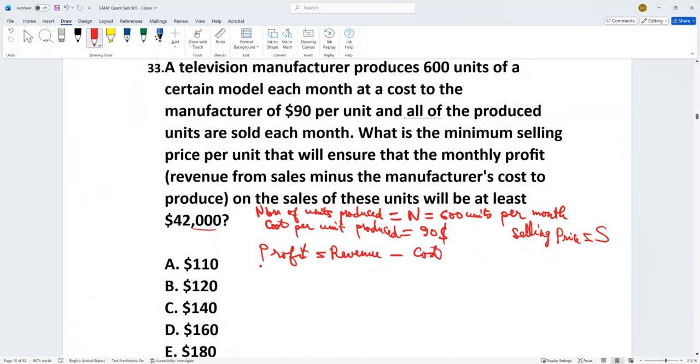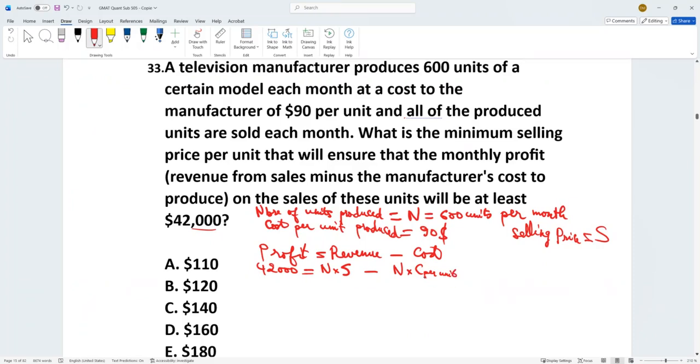So let's suppose that we have the lowest profit, and revenue is actually equal to the number of units produced times S, which is the selling price, minus the number of units produced times the cost per unit, like this.